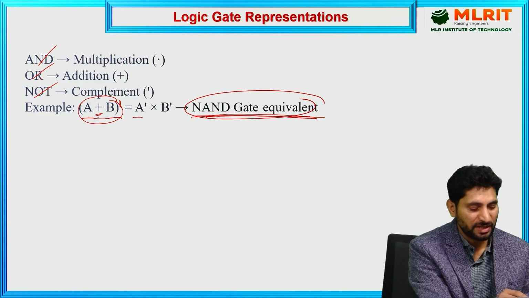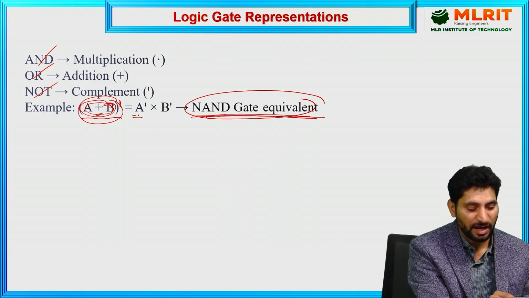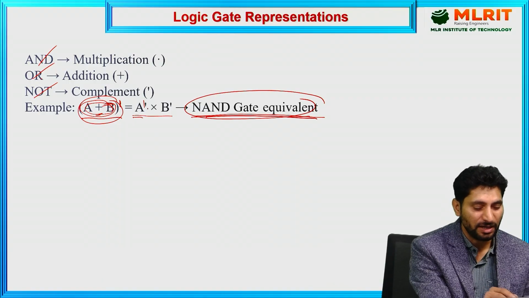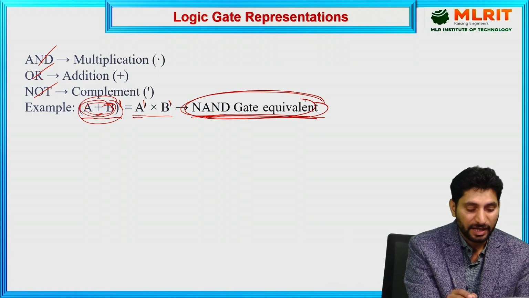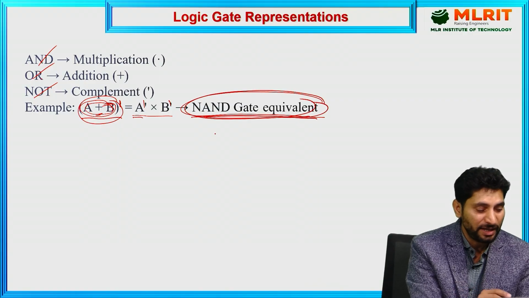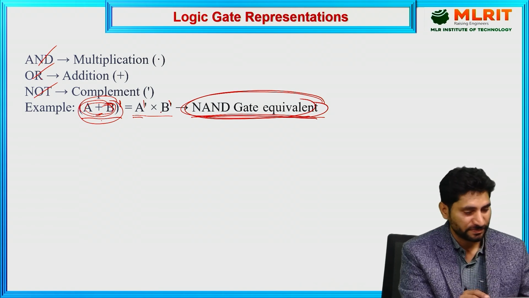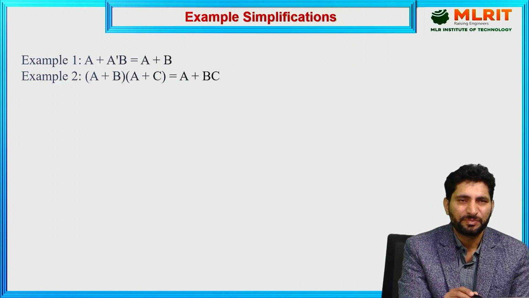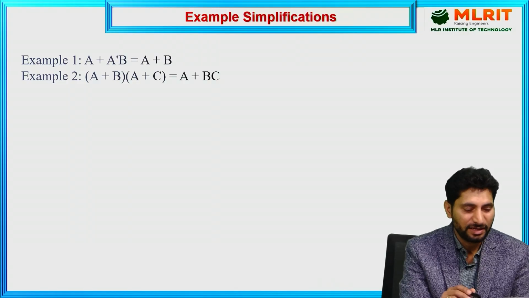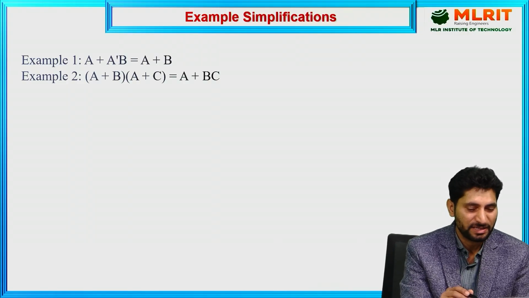We can observe here, this is what AND term, this is what OR term, and this is what AND term, and these are what complement terms. So NAND gate equivalent is in terms of AND gate, OR gate and NOT gate. So using these properties, postulates and theorems, we can minimize the Boolean expressions.